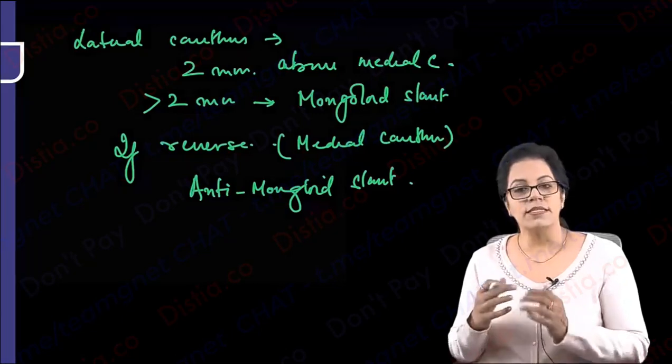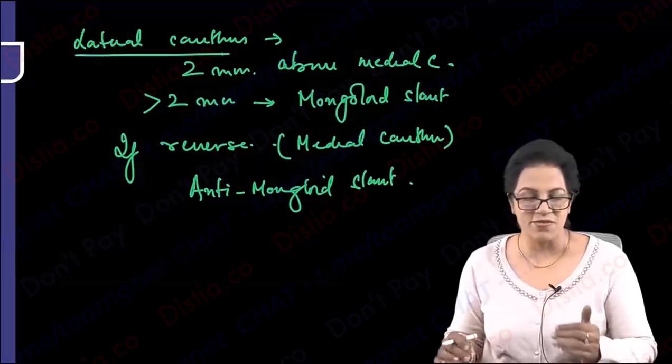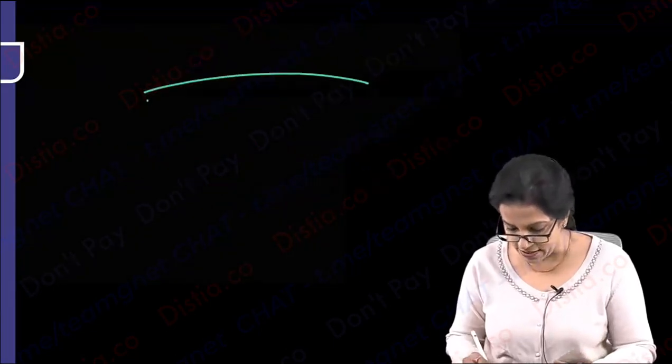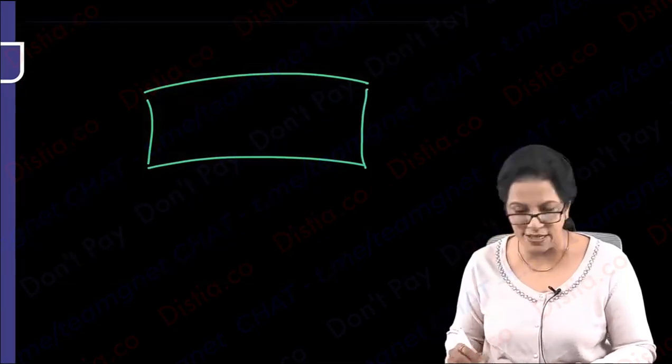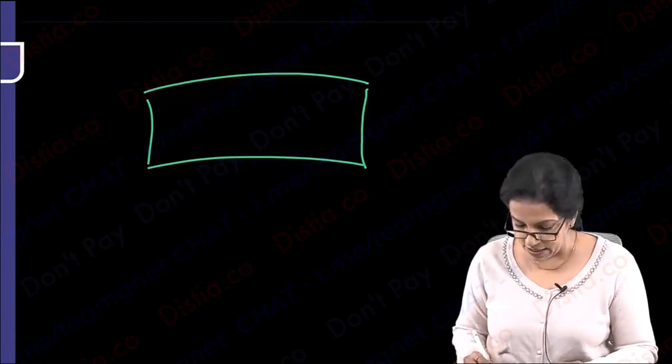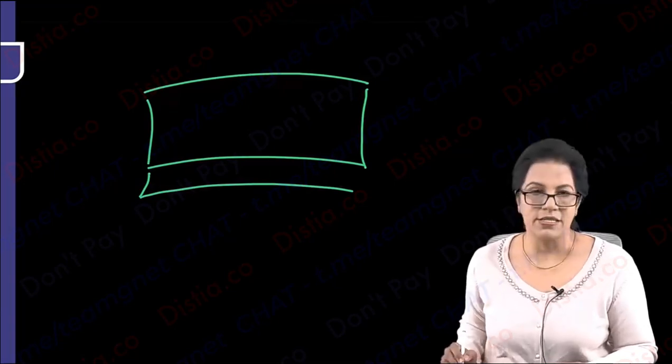Okay, next to understand the basic structure of the lid, we will make an oversimplified diagram from my side. So, this is your tarsal plate. When you look at the lid, mainly it is made up of thick connective tissue which is tarsal. Now, this is your lid margin. The small strip is the lid margin.